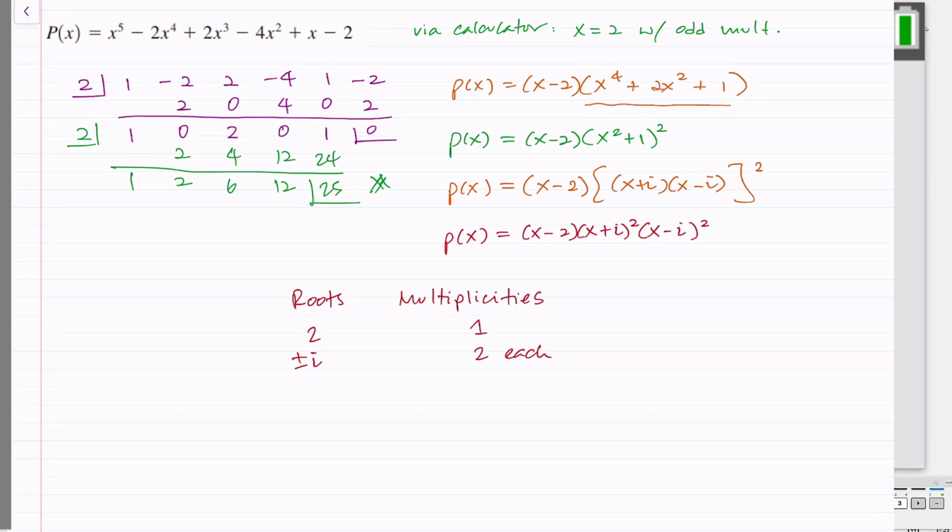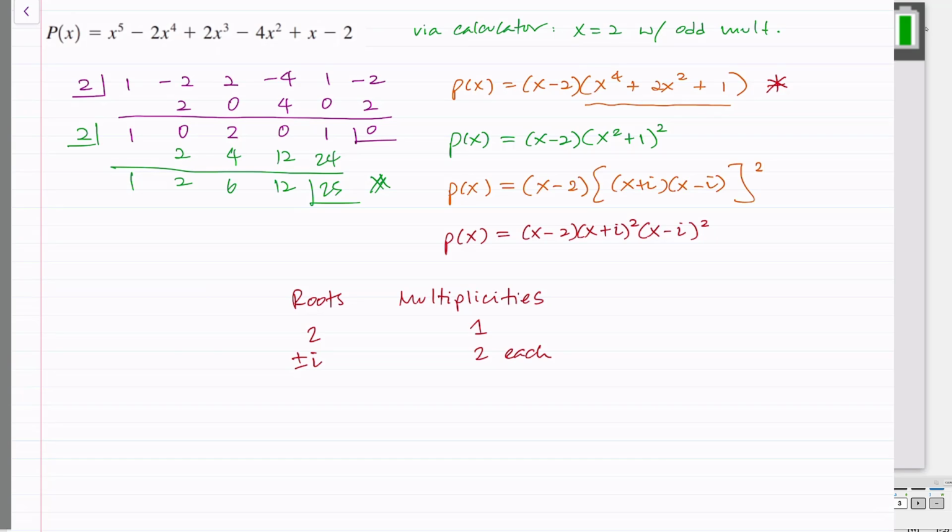And if you did not have your factoring skills up to speed where you would notice that x squared plus 1 squared is x to the fourth plus 2x squared plus 1, you could have used the quadratic formula at that stage with a change of variables, or with some good skills. You don't necessarily have to do the change of variables, but it probably helps to illuminate the structure. So I'm not going to show that. I think this video is probably getting long enough as it is.